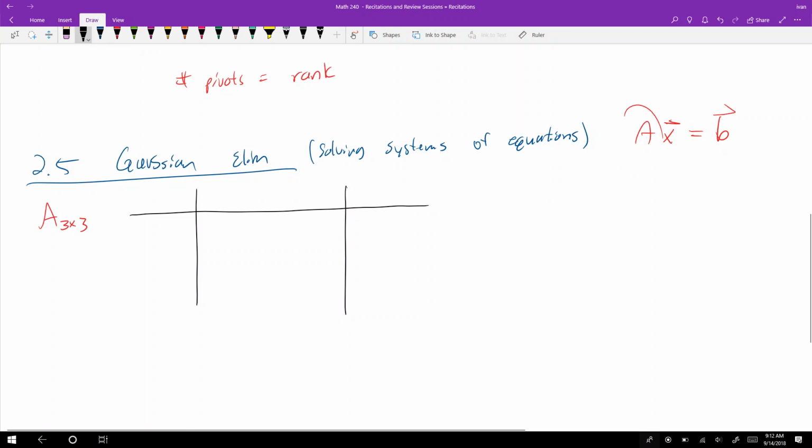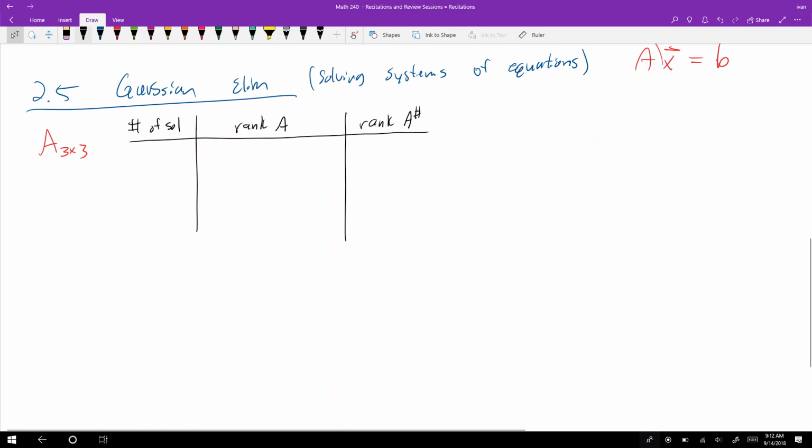This first column is going to be the number of solutions. The second column is going to be the rank of A. And this third column is going to be the rank of the augmented matrix. Do we remember what the augmented matrix was? I talked about that in this recitation, I think, last week. But anyhow, we'll get to what that is.